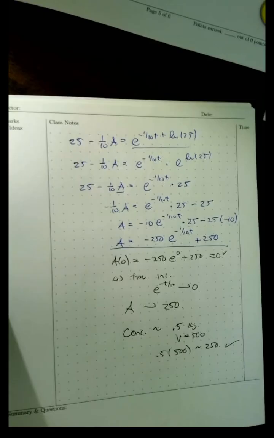All right, so I have A prime is 25 minus 1/10 A. I can divide the whole thing over. So I've divided both sides by the whole right-hand side.